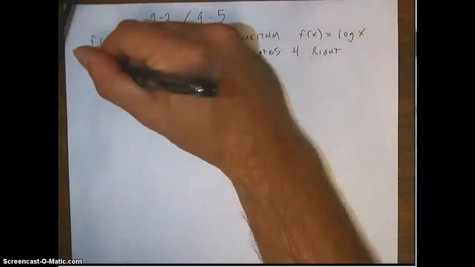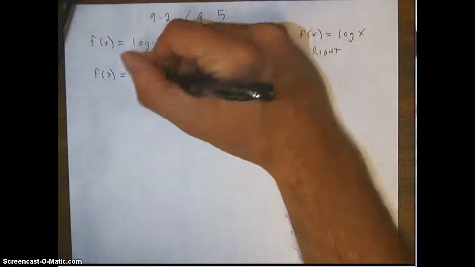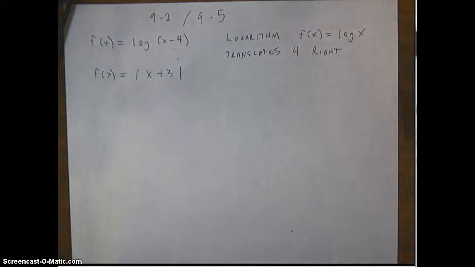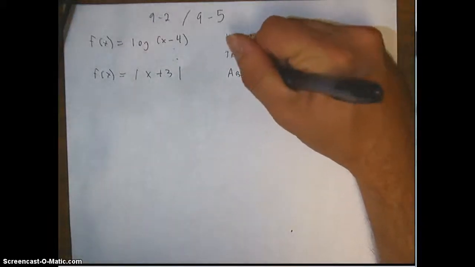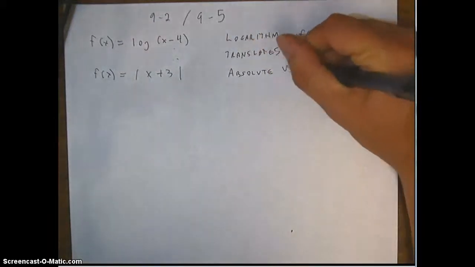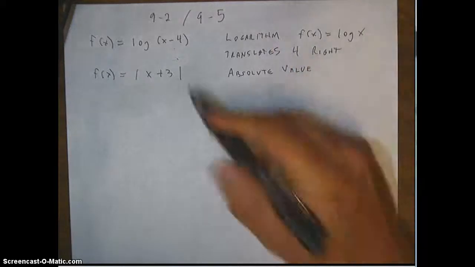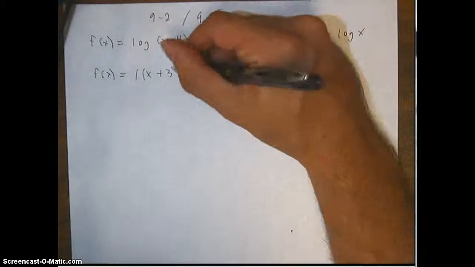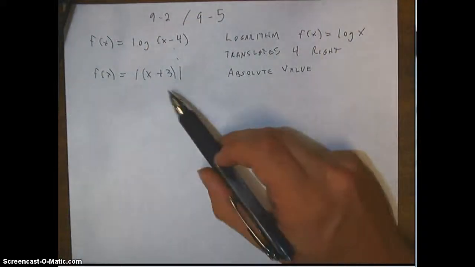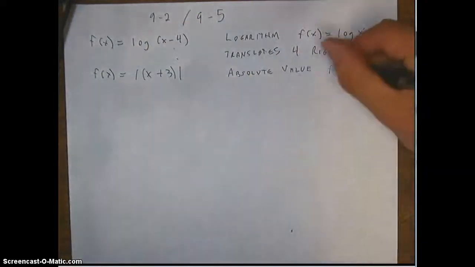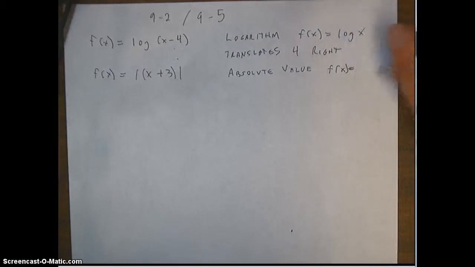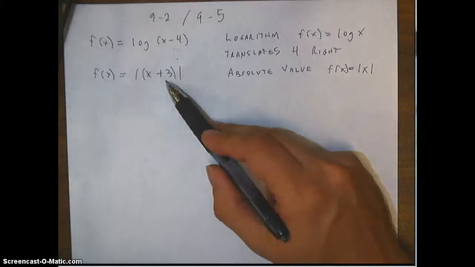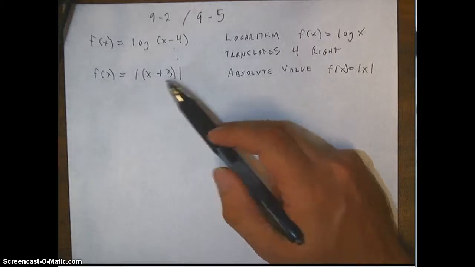That minus sign inside the parentheses tells me that it moves right. Well, let's look at another function. So what kind is that? Well, that's an absolute value. And inside these absolute value brackets, there's an implied set of parentheses. So again, this transformation from the parent function of f of x equals absolute value of x, it's happening inside the parentheses, it's happening to the x, so it's going to translate left or right.